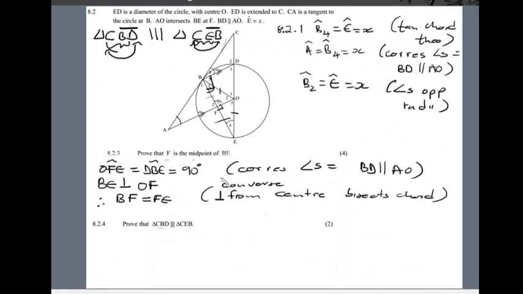Now, to prove that those two triangles are similar, we just need to show that all the corresponding angles are equal. So looking at those two triangles, CBD and CBE, right? Looking at the diagram, I can see that C is common, and B4 is equal to E is equal to X, right?